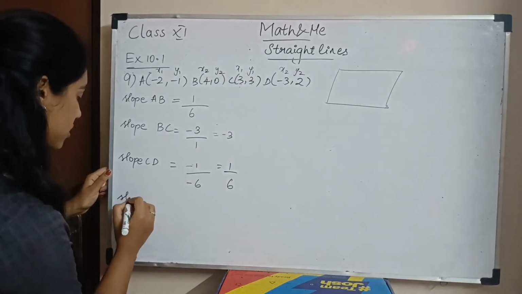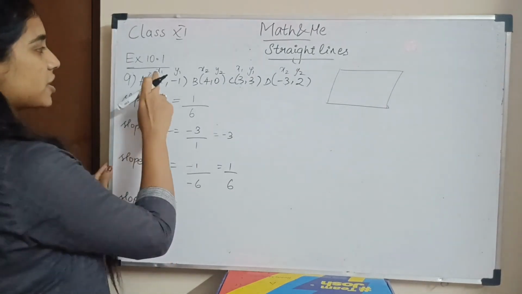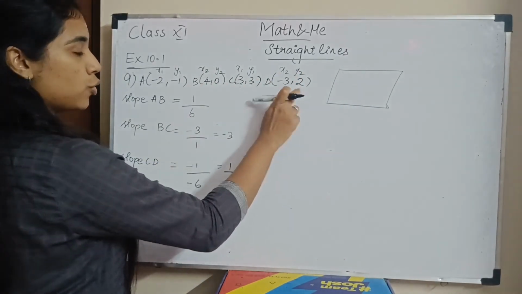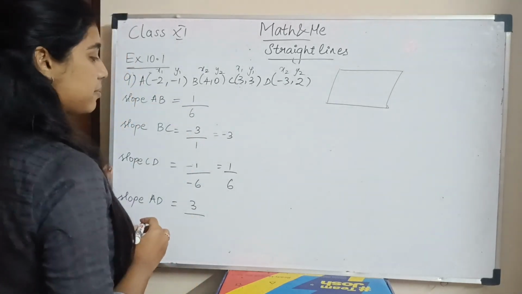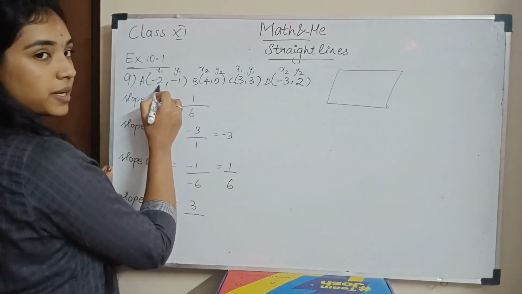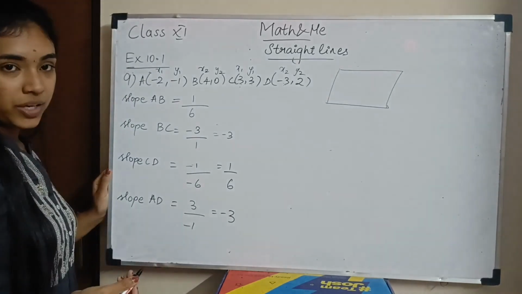You have slope AD. So this is your x1, y1, this is your x2, y2. You have y2 minus y1, 2 minus of minus 1 is 2 plus 1, 3 divided by minus 3 plus 2. So it's minus 1. So what do you have? Minus 3.